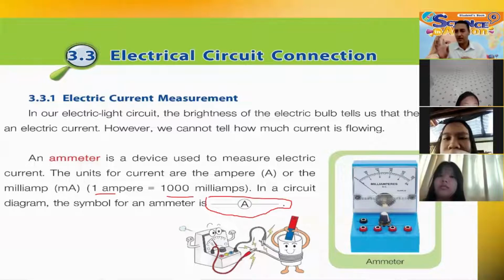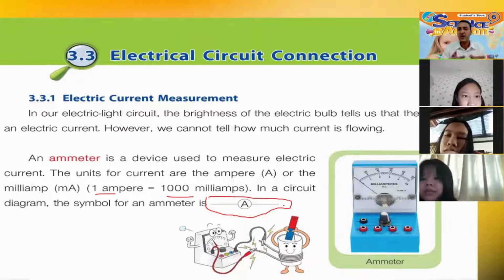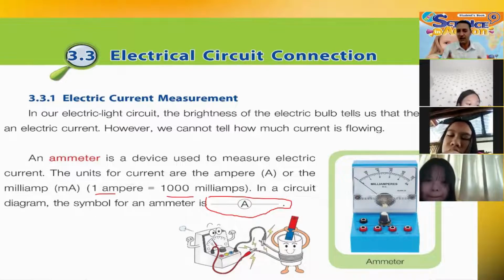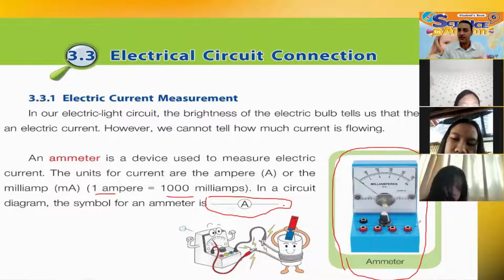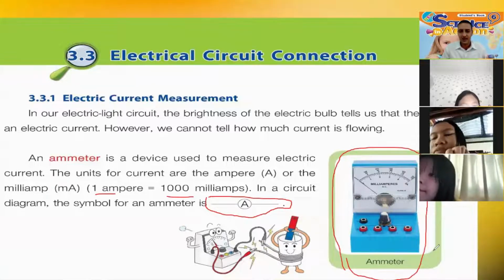If the bulb is lit, the brightness can tell us that there is a flow of electric current, but we can't say how much electric current is flowing in the circuit. To find out that, we need a device, an ammeter. With the help of this electric device, we can measure the flow of current.